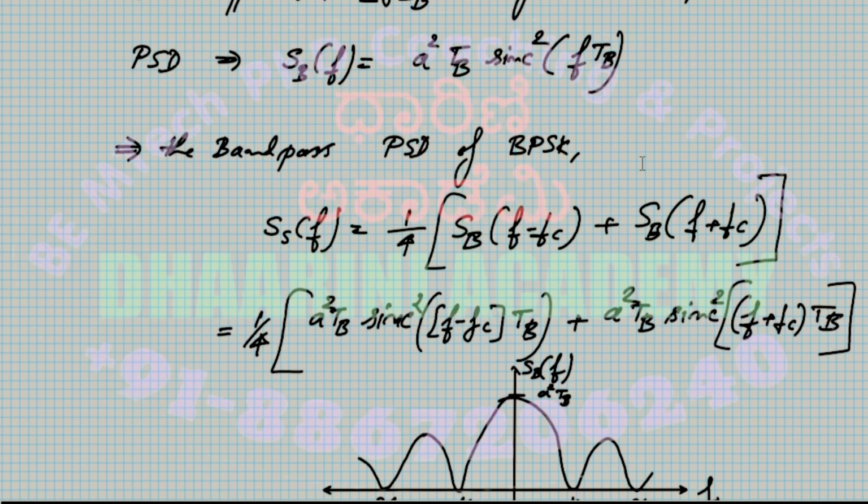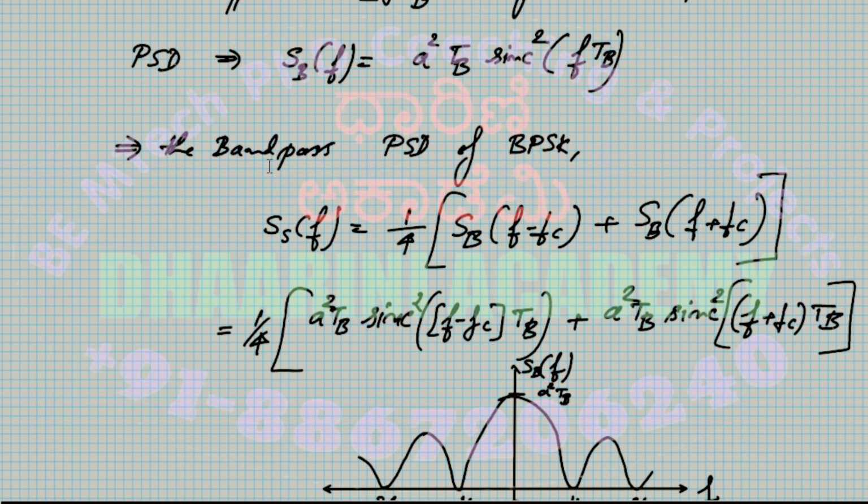The general representation of band pass in terms of the power spectral density is this SS of f equation. Substitute over there: every f becomes f minus fc and f plus fc, because when you multiply by cos of fc, every signal will be shifted to plus fc and minus fc.